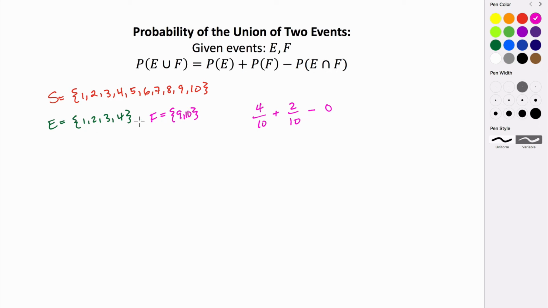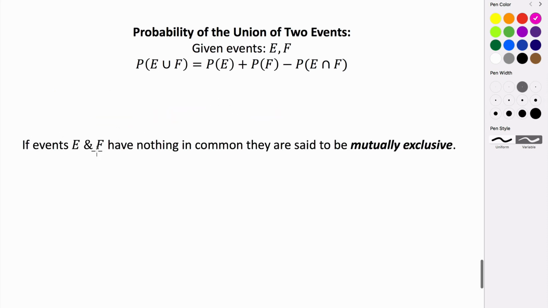Now, if you have two sets that contain no elements in common, we say that those two sets are mutually exclusive. This event and this event have nothing in common, so we say that they are mutually exclusive. So if events E and F have nothing in common, they're mutually exclusive.